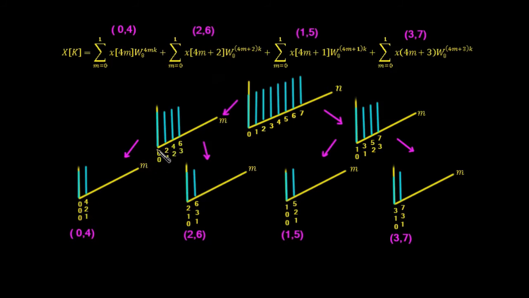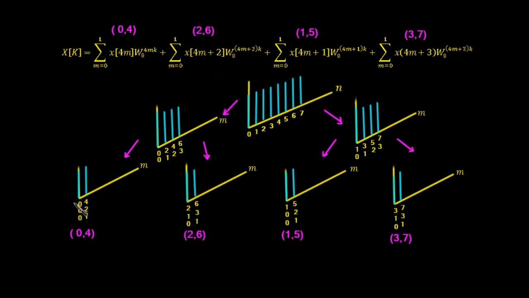So the even parts of this are going to be 0 and 4, and the odd parts are going to be 2 and 6. Similarly, we can take the parts of this here. So the even parts of this here will be 1 and 5, which are here, and the other, the odd parts, are going to be 3 and 7. So that's the 3 and 7 here. So you can see how we're building up this value here.